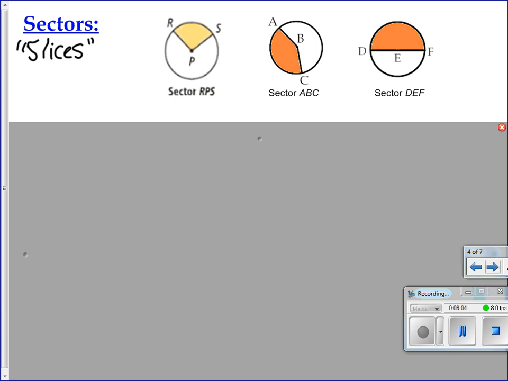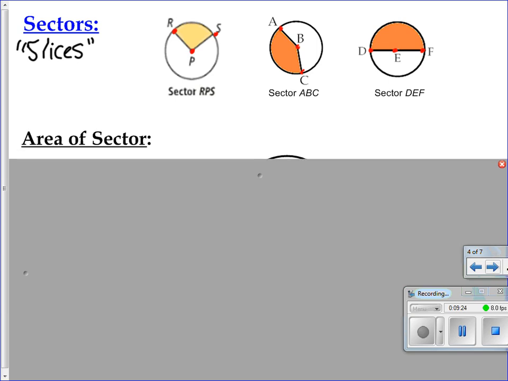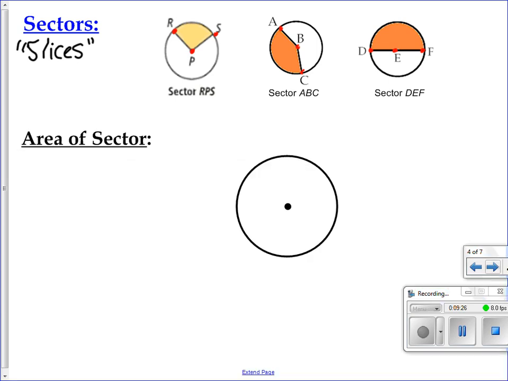We give it 3 letters for the name. We just use the 3 letters that make up the angle of the slice. So this would be sector RPS, this one's ABC, and this one over here is DEF, which is just half a circle.